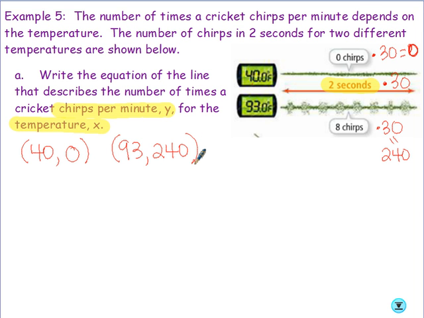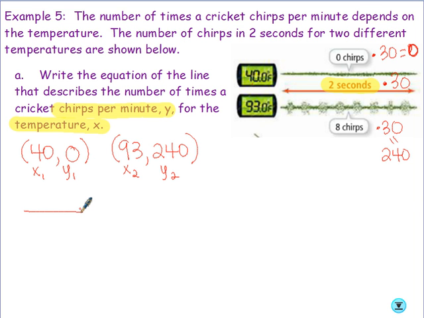Now that we have the 2 pairs written down, it really is a problem like example 2, where we have 2 points. So, first thing we need to do, find the slope. x1, y1, x2, y2.